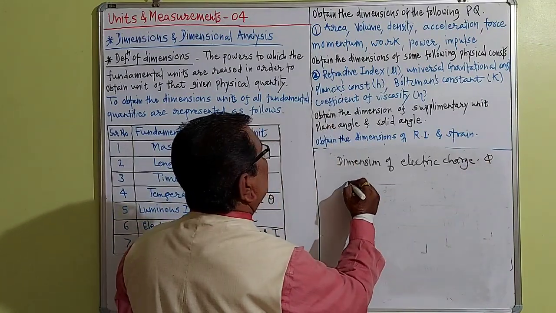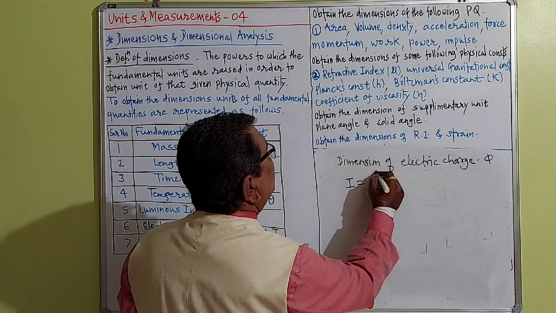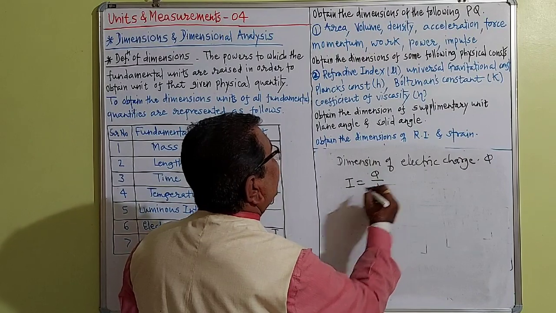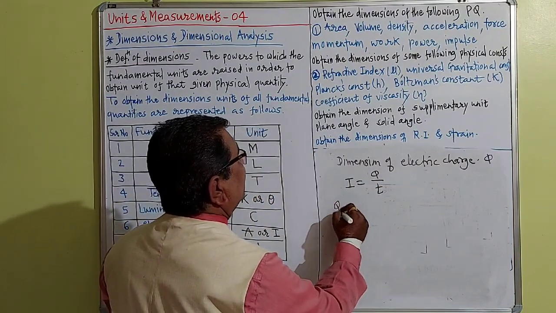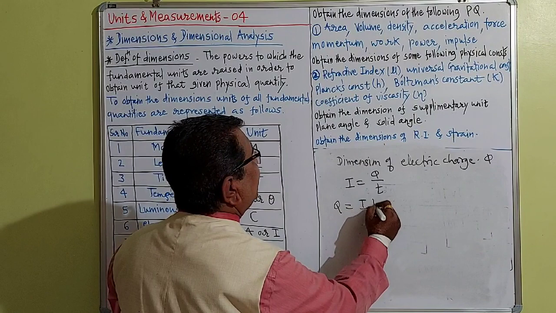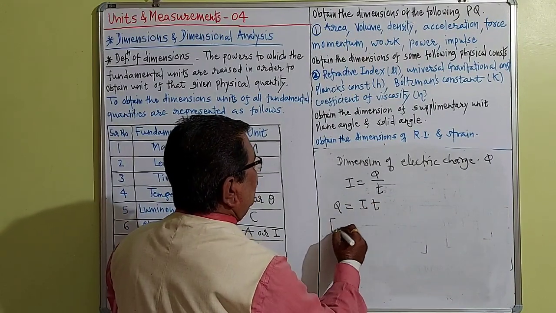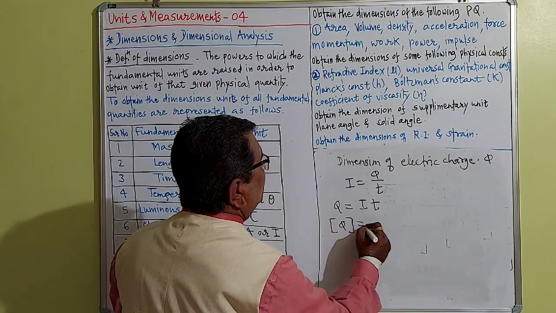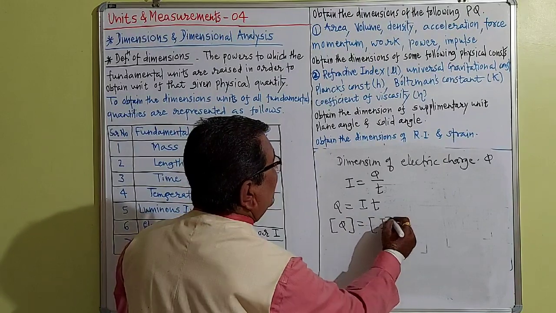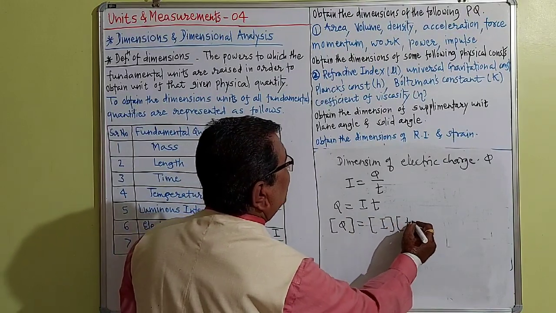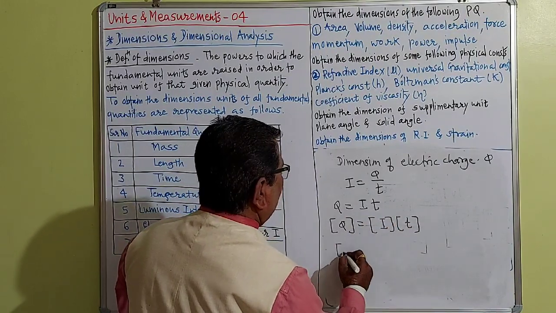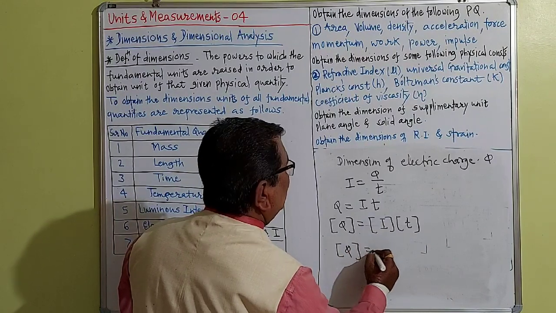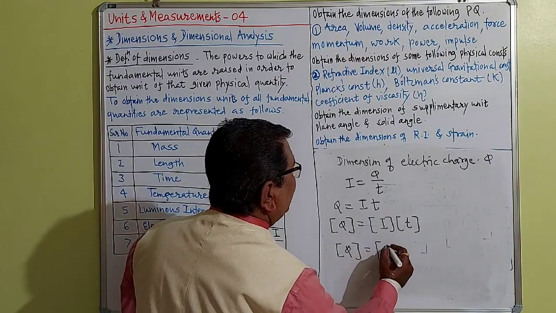We know I is equal to Q upon T, the rate of flow of charge. From that, Q is equal to IT. So dimension of Q is equal to dimension of I into dimension of time. What is the dimension of I?